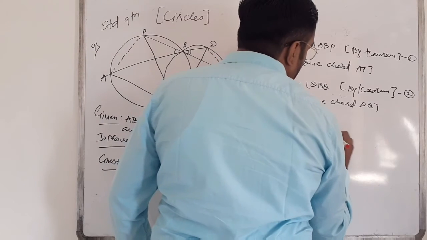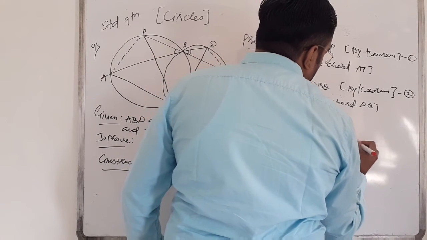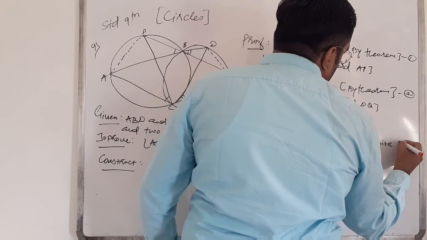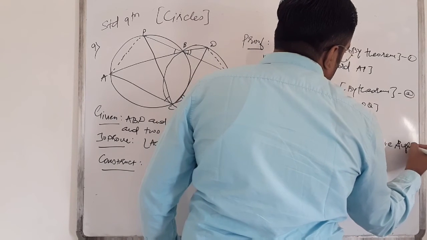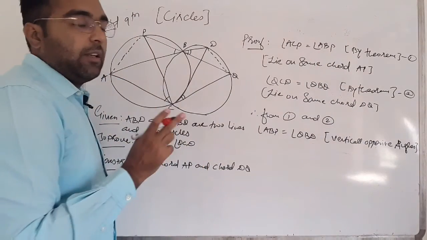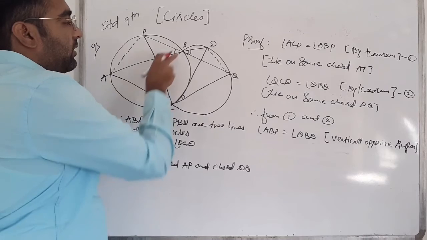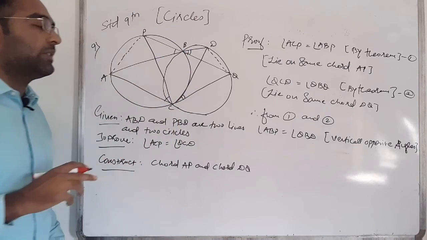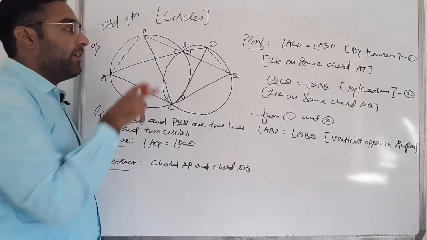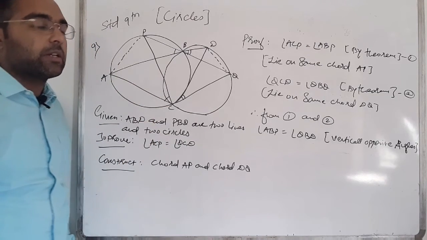Because of the vertically opposite angles. Vertically opposite angles are equal. Both of these angles are vertically opposite, because ABD and PBQ are both straight lines, and straight lines form vertically opposite angles.